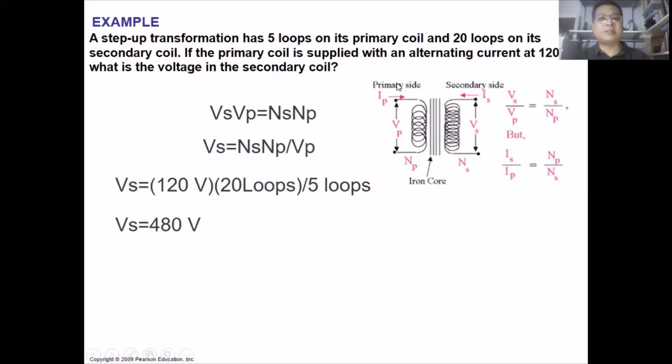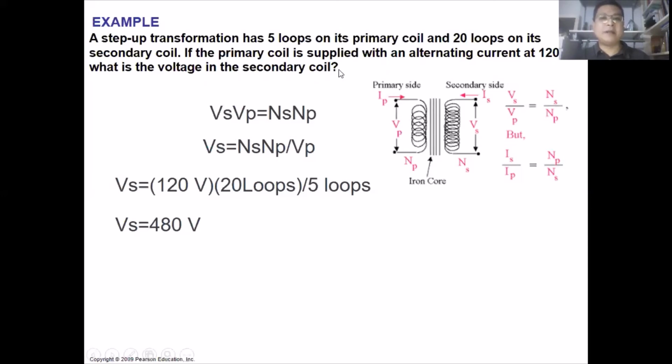So how do we correlate this with the formula? Vs over Vp, where V is the alternating current or the voltage potential, equals Ns over Np. N refers to the number of loops of the solenoid.